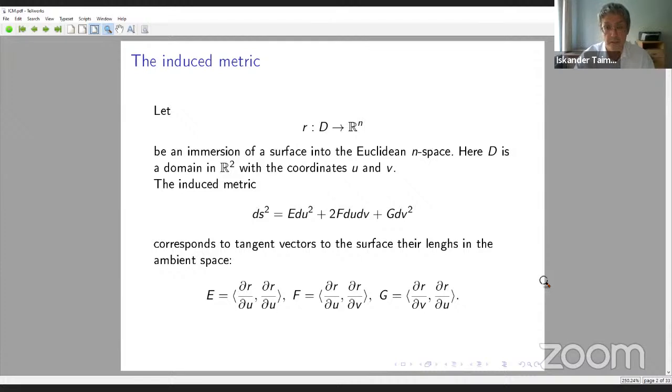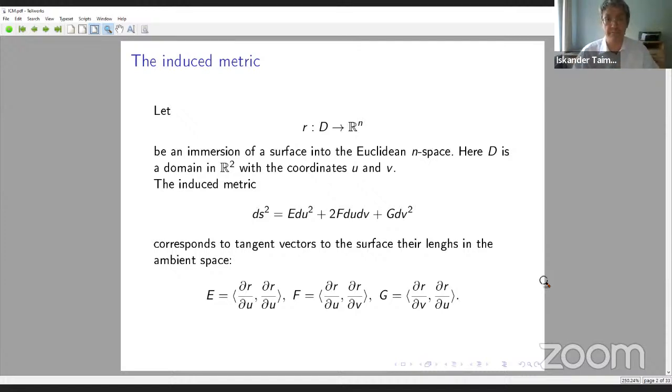If R is the immersion of the surface, and D is a domain in R2 with the coordinates U and V, the induced metric is just a quadratic form which corresponds to tangent vectors to the surface, their lengths in the ambient space. If you do have such a form, you would like to have better forms, in better views.